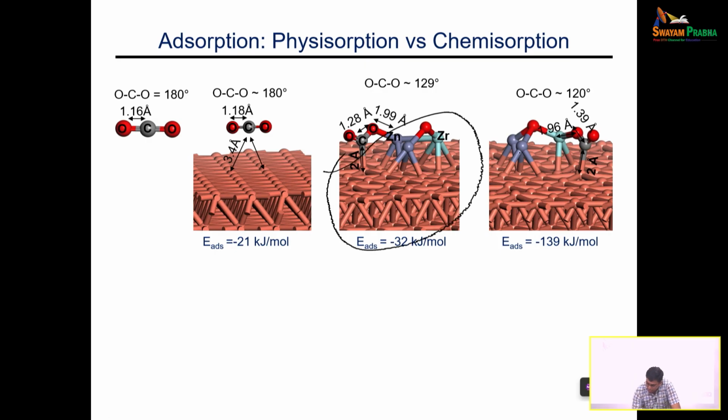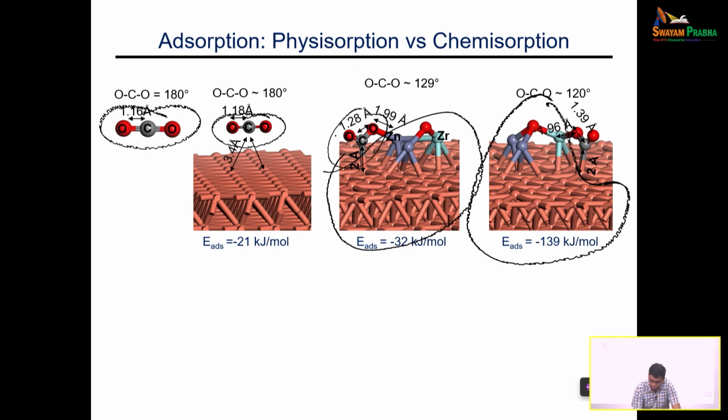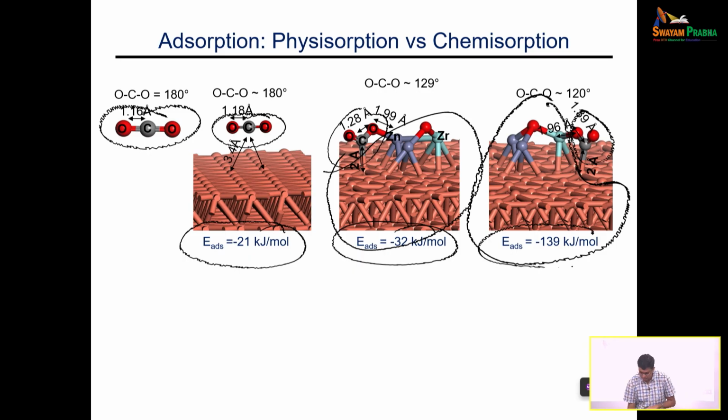This is also a catalyst, this is also a catalyst. So this was my linear CO2, this is a CO2, this is a CO2, and that's my CO2. There is some information about bonds and angles, and these are the adsorption energies calculated using the formula that I had shown earlier.